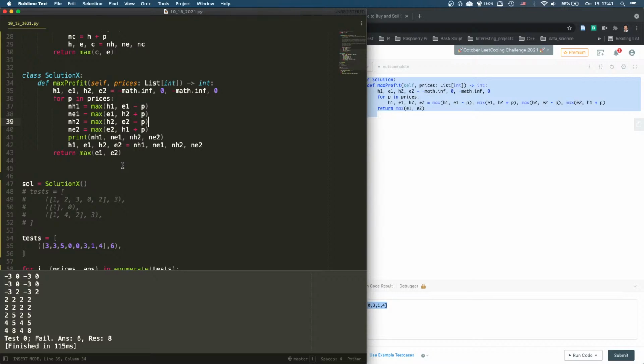Two transactions. So yeah, two transactions are 4 states, and then we can only transition between the 4 states.